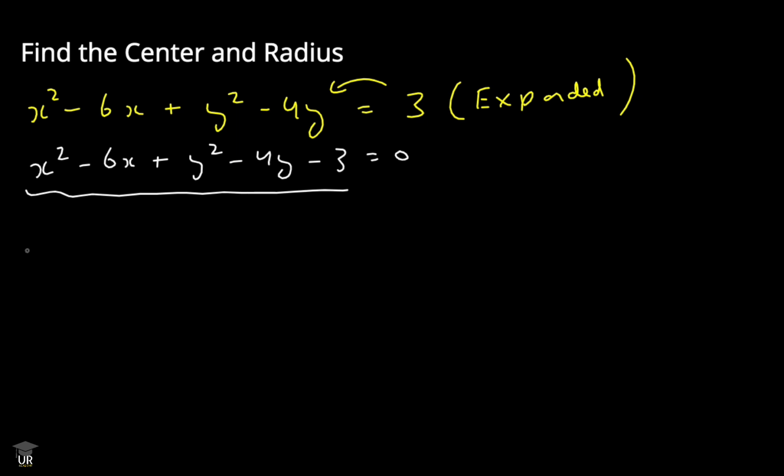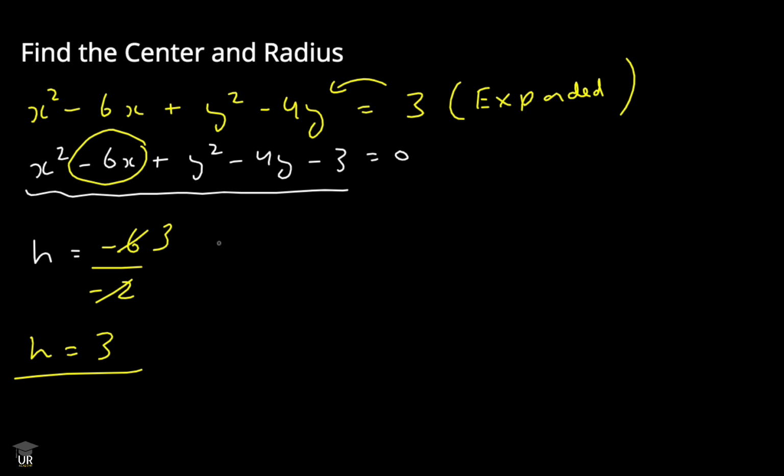In order to use the direct method to find the center coordinates, again we will find the x term. Here the x term is minus 6x, where the coefficient of x is minus 6, and now we will divide it by minus 2, which will become 3. So the value of h turns out to be 3.